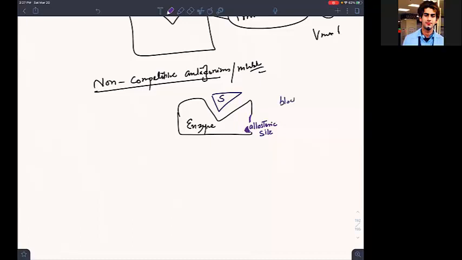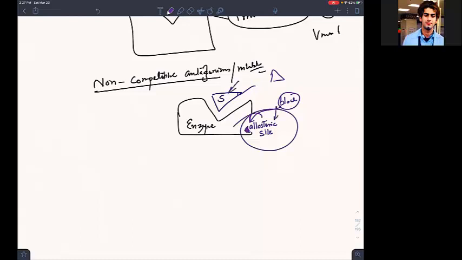Now if I have to give any blocker, I will be giving it at this allosteric site. Once I give it, come what may, you increase the substrate concentration, you want to remove me from the allosteric site, keep increasing the substrate, still I will be working at this site because the site is different.